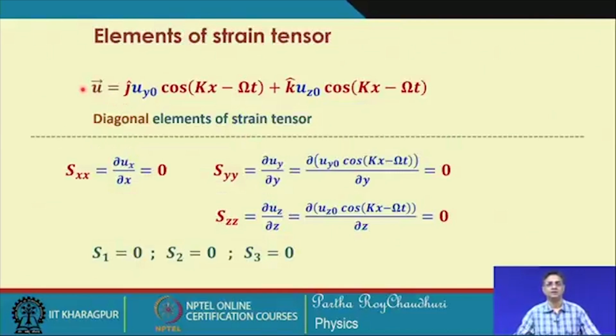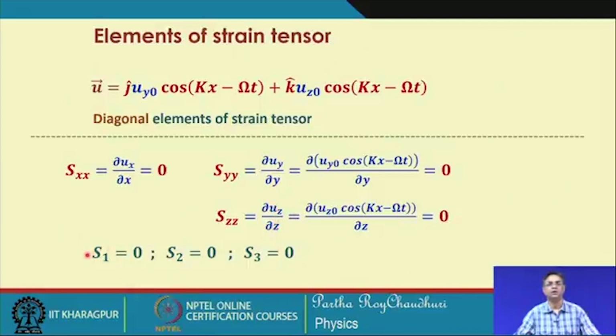Okay, so, in this case we will analyze the diagonal elements of the strain tensor. S x x is equal to 0, because u x is equal to 0, and del u y del y, this quantity will be also 0, del u y del z. So, this strain is also 0, but del u z del z, this is also 0.